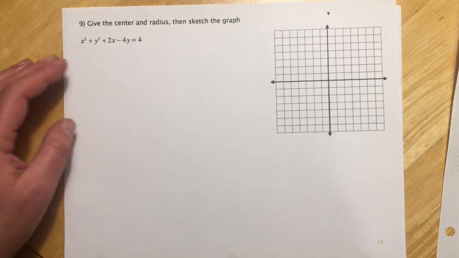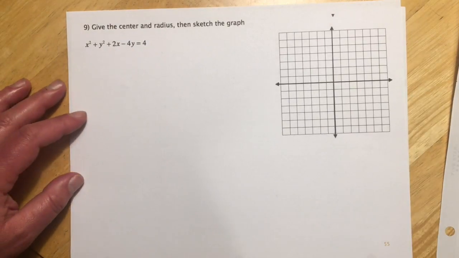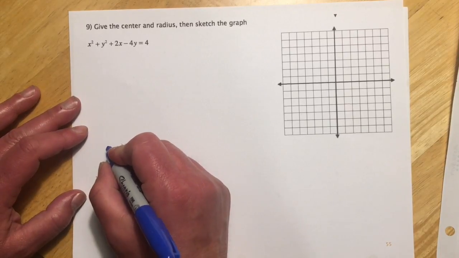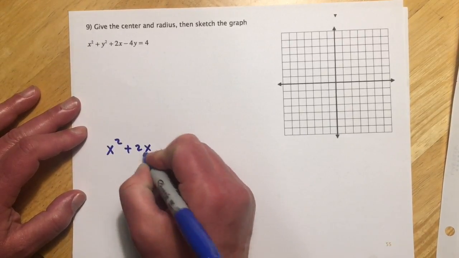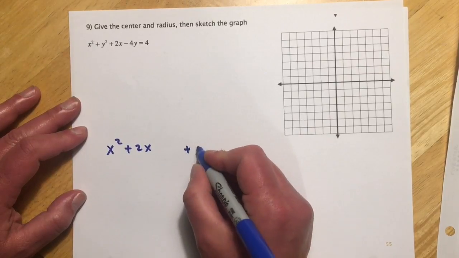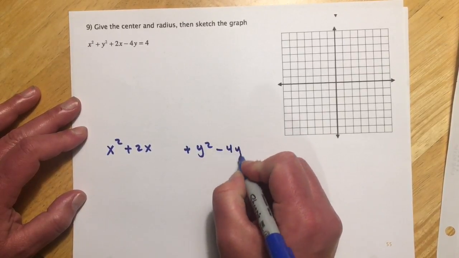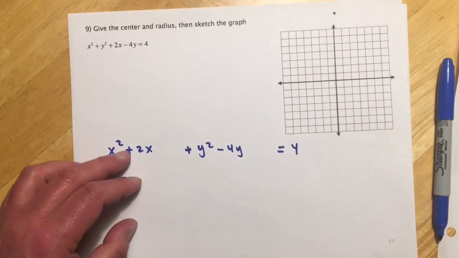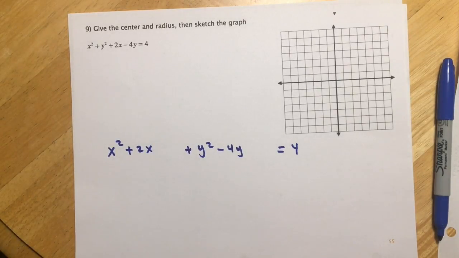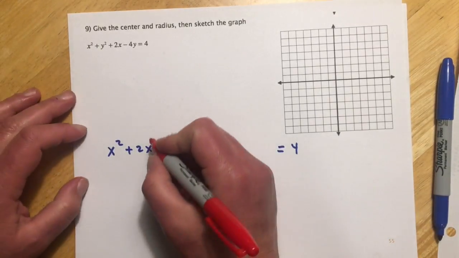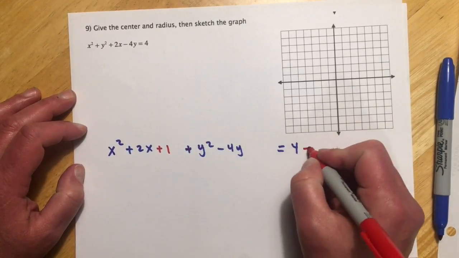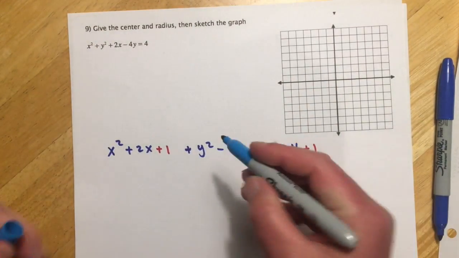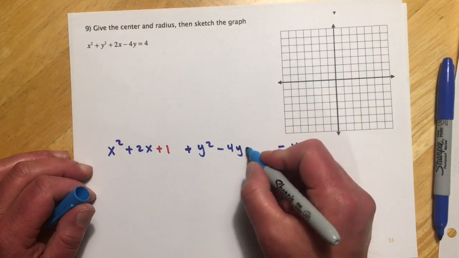So this is the same thing, but now there's x and y terms, so we're going to have to complete the square twice. So we can come down here so I have some more room. First I'll write it x² + 2x, I'm going to leave myself room, and then + y² − 4y, leave myself some room, equals 4. So for x, I have 2. Half of 2 will be 1, and 1 squared makes 1. So that's from the x term. And then for y, half of 4 is 2, squared makes 4.